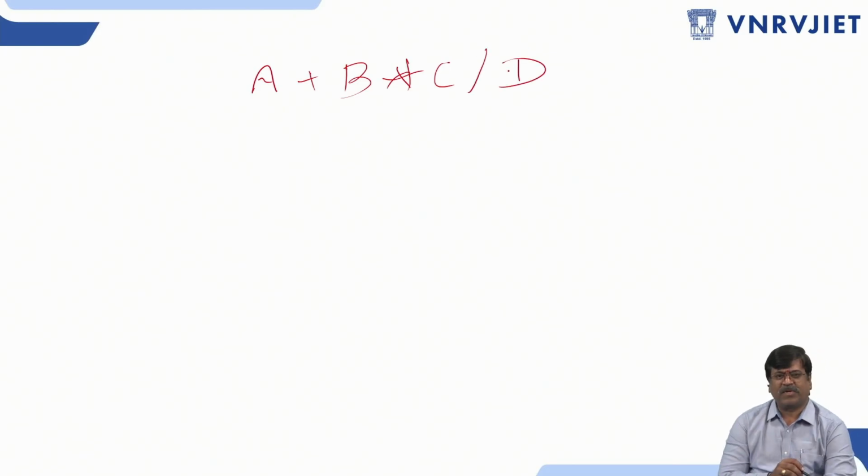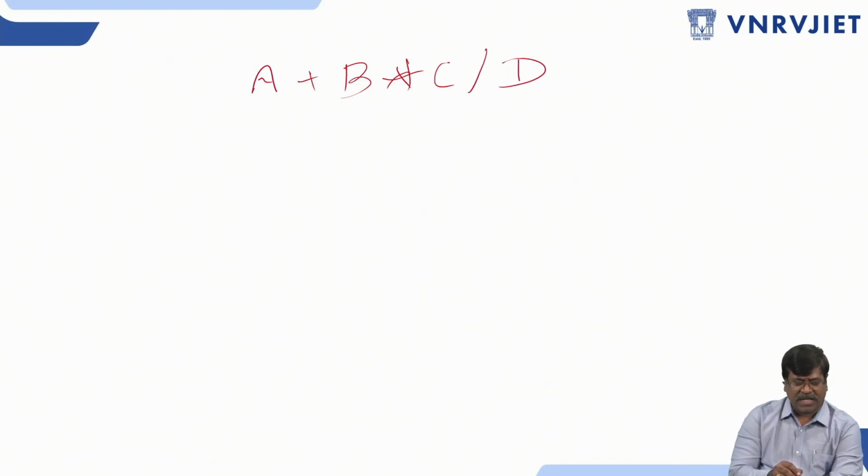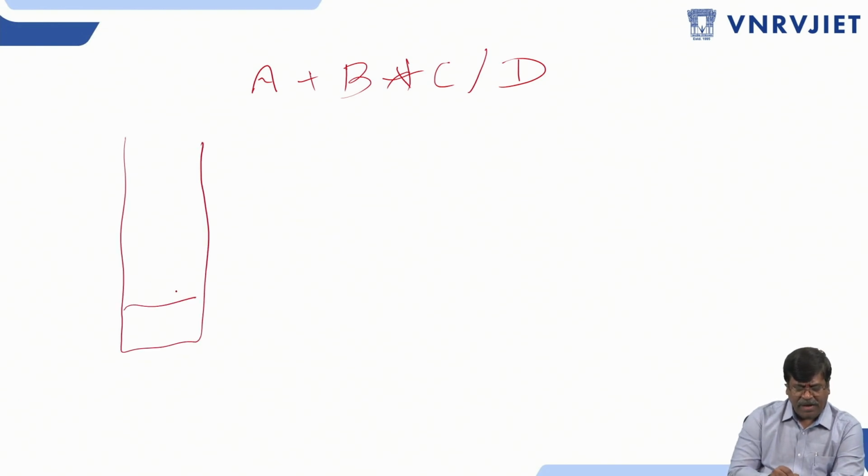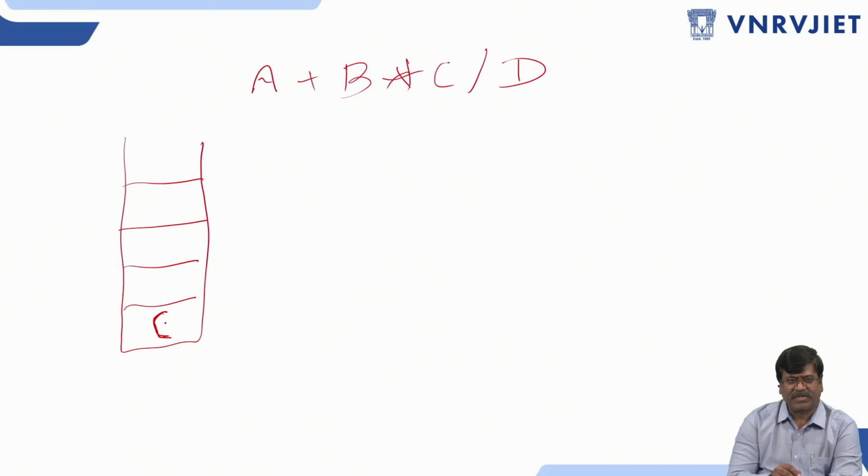Suppose I have an expression like A plus B into C by D. So this is the given infix expression. As per the algorithm, first we will add the open bracket to the stack. That is, the left parenthesis we are pushing into the stack.